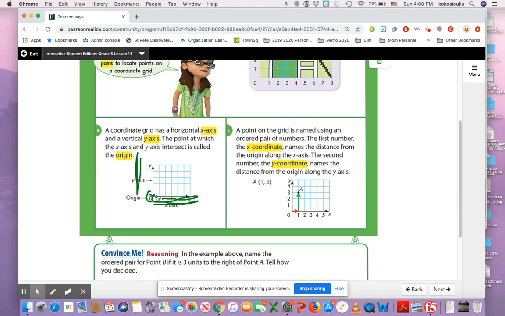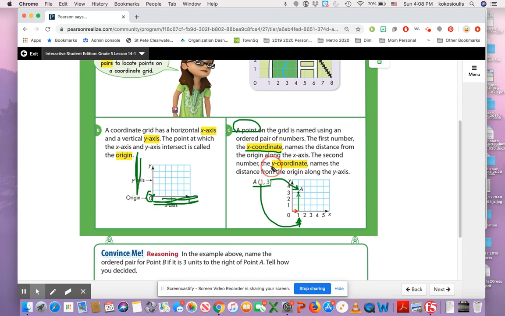A point on a grid is named using an ordered pair of numbers. The first number is always the x, and that's the distance from the origin along the x-axis. So if I'm going to map 1, 3, I find 1 right here, and then I find 3 right there. And that's where I map A.